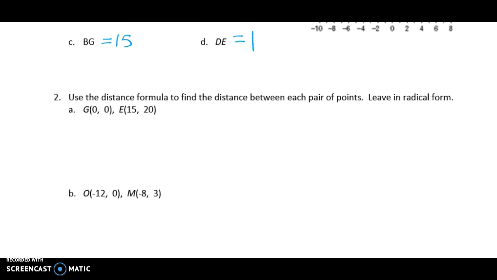So now for the distance formula, you have to use the distance formula to find the distance between each pair of points and leave it in radical form.